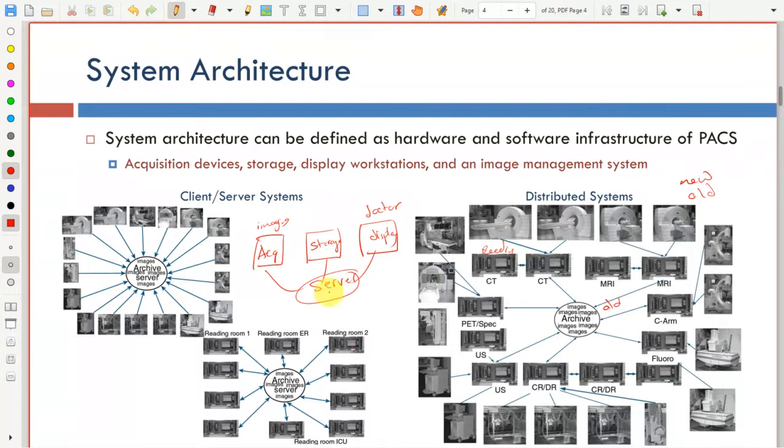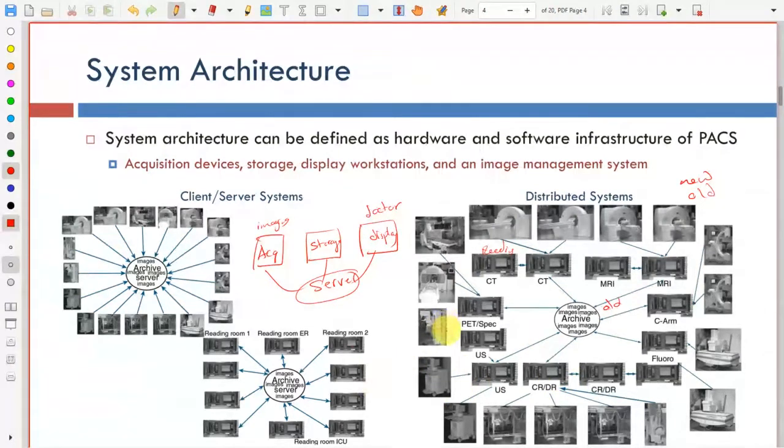So instead of having the server in the middle here, no, you have the server also in the middle, but it's not involved in all the communications. You have individual links here that make this much faster, because you're connected directly to the CT system here, here directly to MRI, here to ultrasound, and so on.